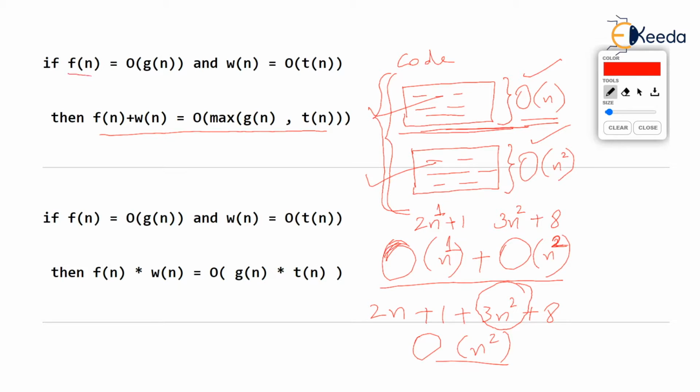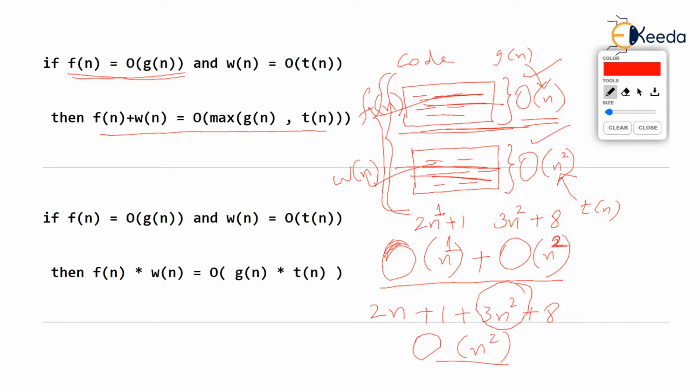You see, if F of n is big O of G of n, you can imagine that this part represents F of n and F of n is equal to O of n, that is G of n, and W of n, the lower part of the code, is equal to big O of n square, so that is T of n. So just check this arrow: this n denotes G of n and this n square here denotes T of n.